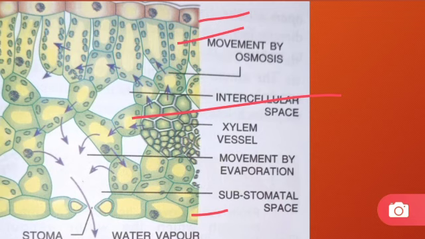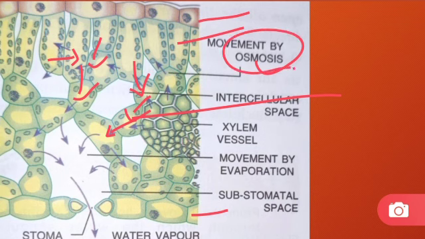The water moves from one cell to another by the process of osmosis, as you have already studied, in which there is a movement of water molecules from higher concentration to lower concentration through a semi-permeable membrane. Likewise, the water moves from one cell to another by osmosis, and then when it reaches the intercellular spaces, it gets filled in these spaces.